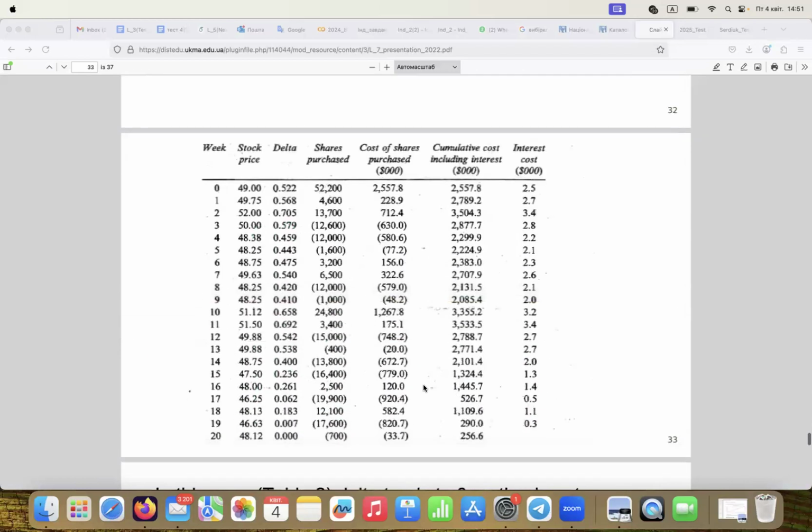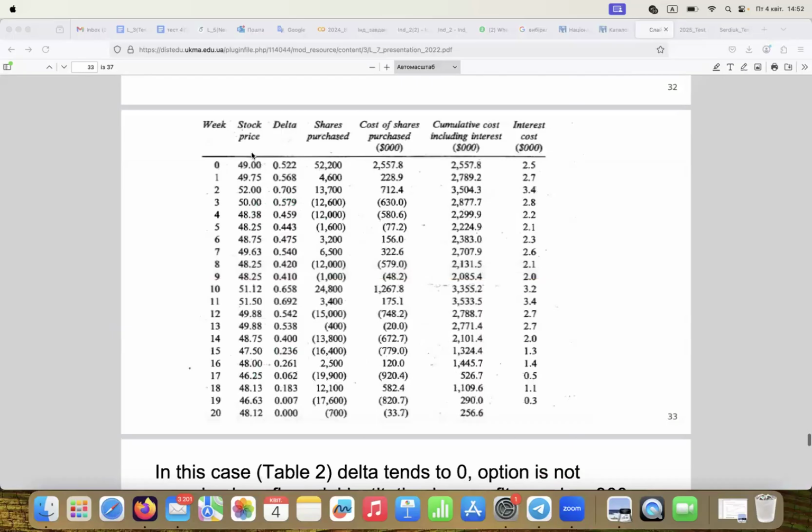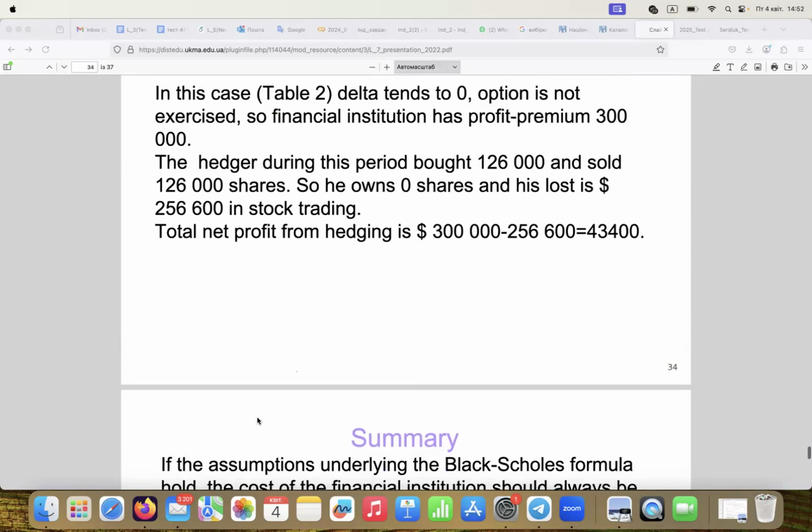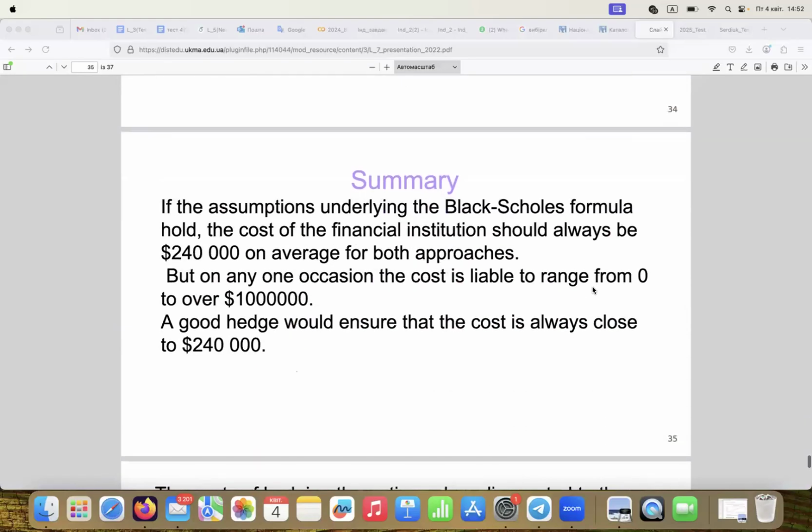And even if we consider the other scenario when the stock price is out of the money, we will have the profit. So it's a very useful strategy, and approximately it costs this.